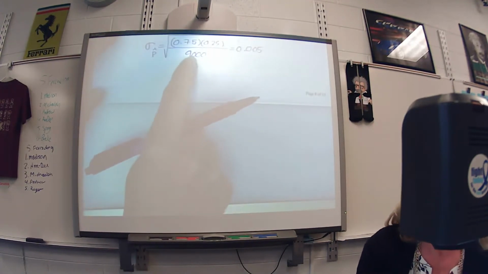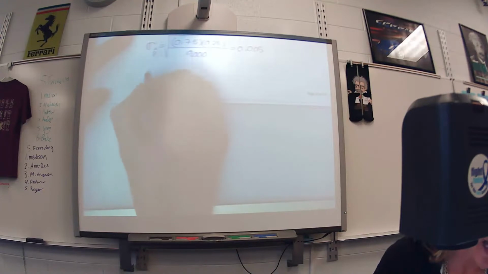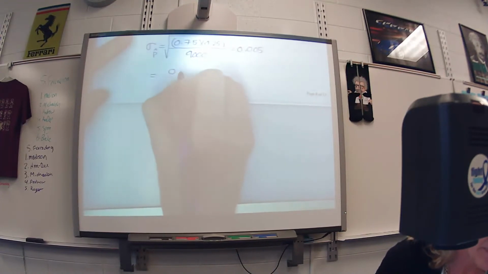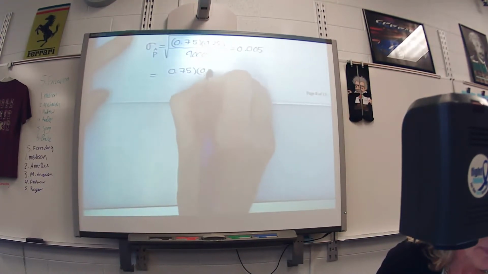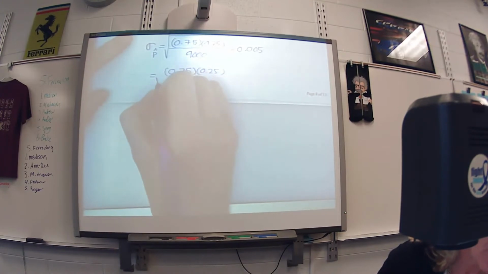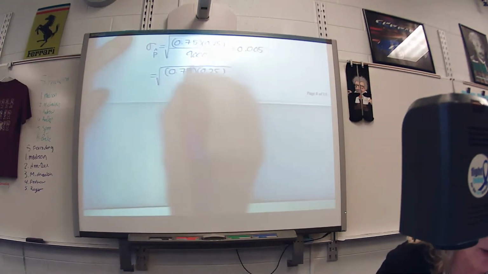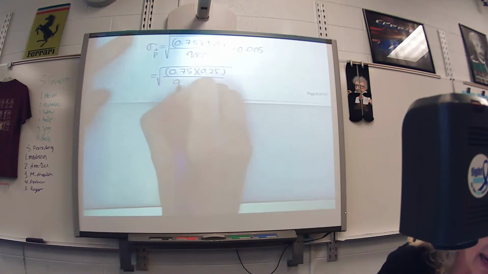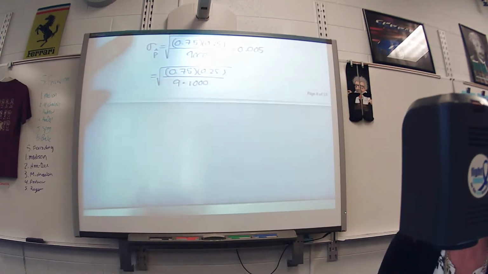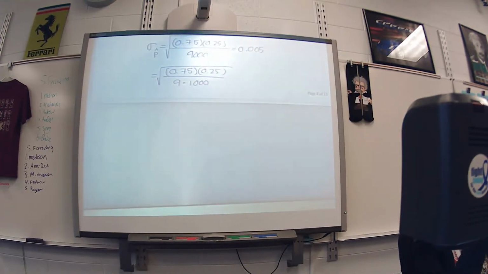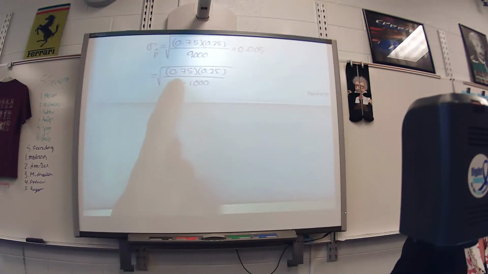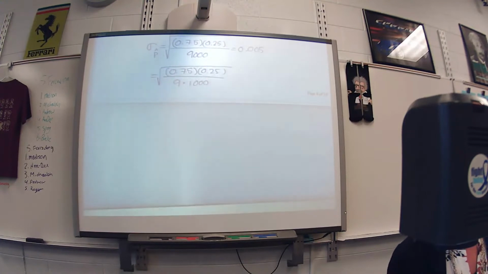I'm going to rewrite this problem, but not just write 9,000. I'm going to write 9 times 1,000 so you can see both problems in the same one. If that 9 wasn't there, that's the first answer. But now the 9 is there, that's the second answer.